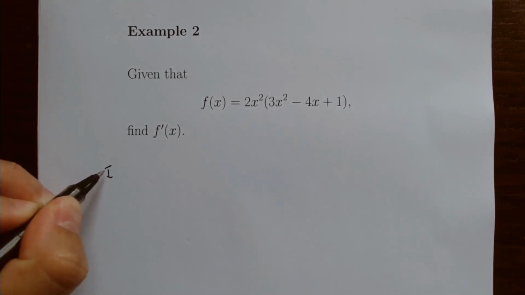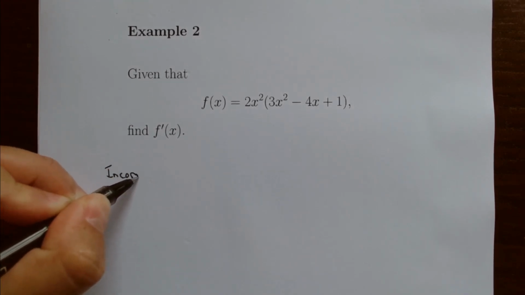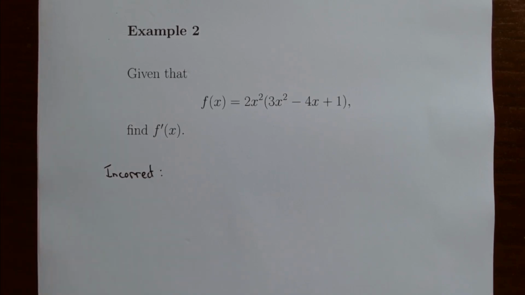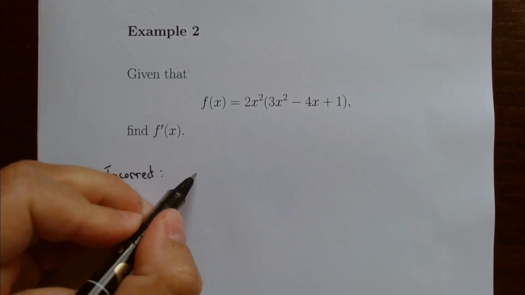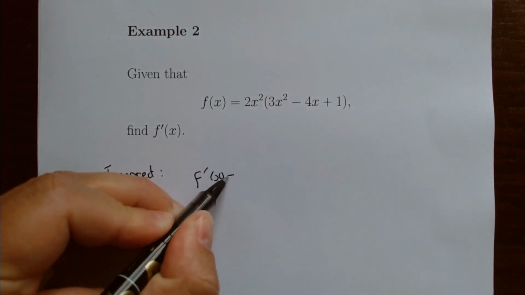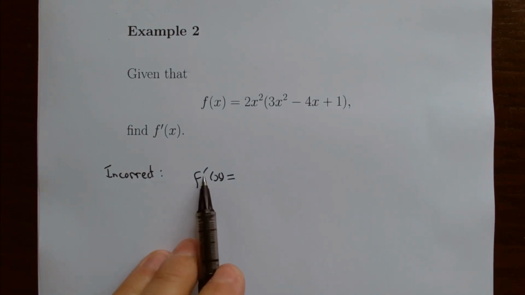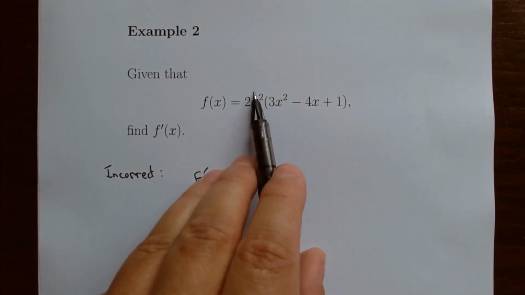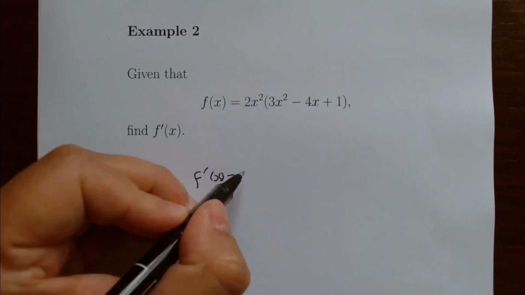So if the incorrect way, we want to make sure we don't make this mistake. You might think that we can do f dash of x and differentiate 2x squared gives you 4x.